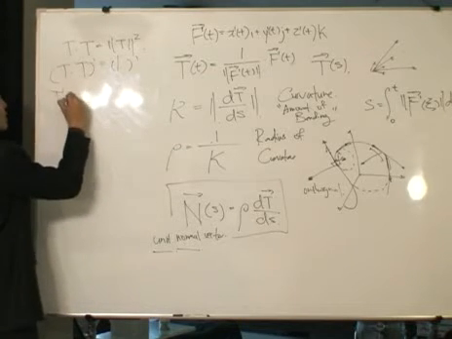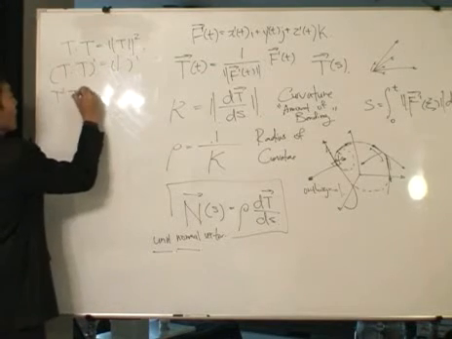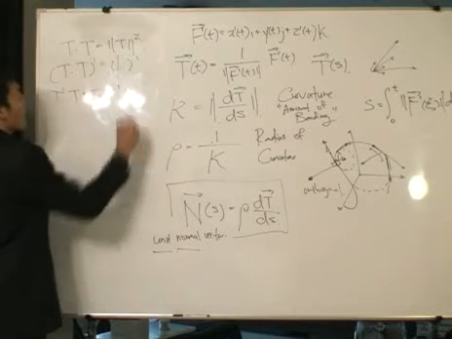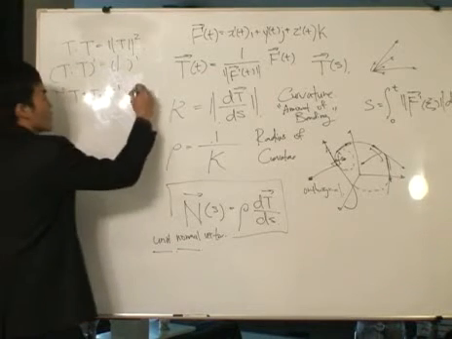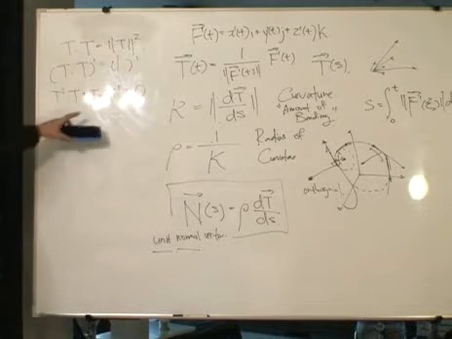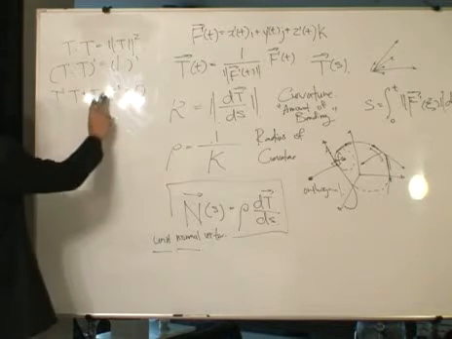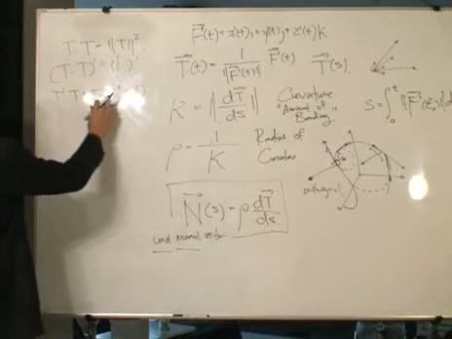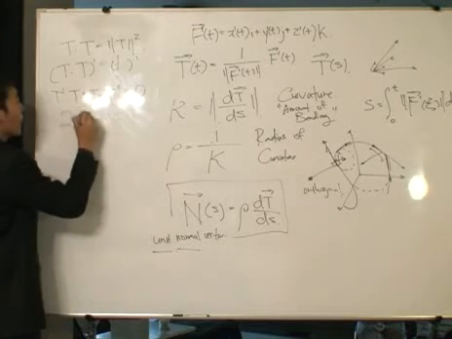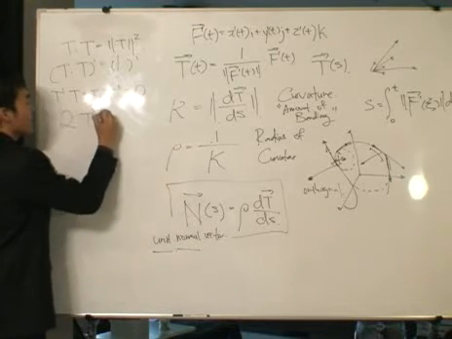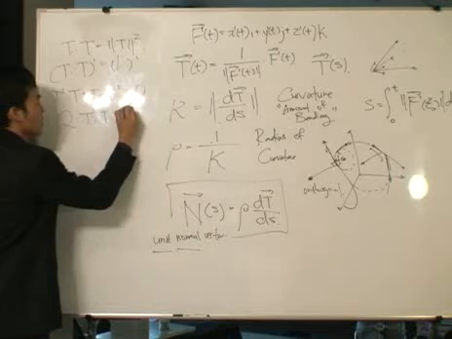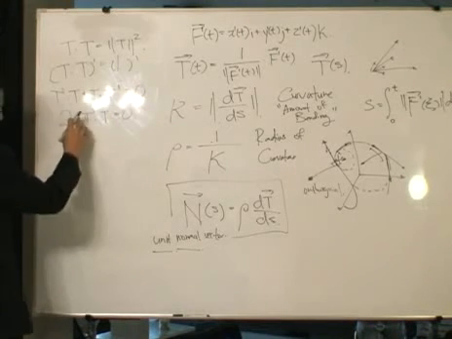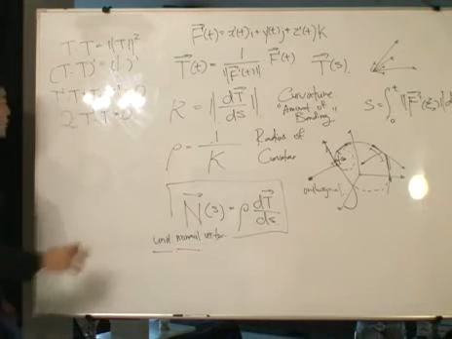So it's T dash dot T, add T dot T dash, and differentiating 1 gives 0. By the commutative rule, T dot T dash is the same as T dash dot T. So this is written as 2 T dash dot T equals 0, and dividing by 2, T dash dot T equals 0.